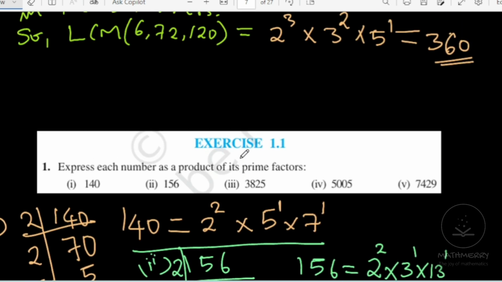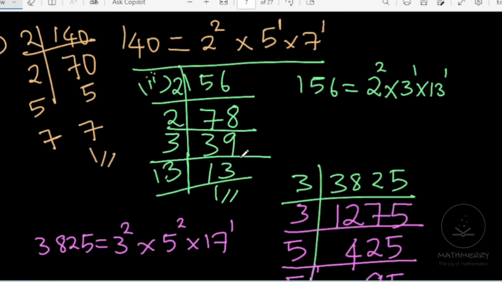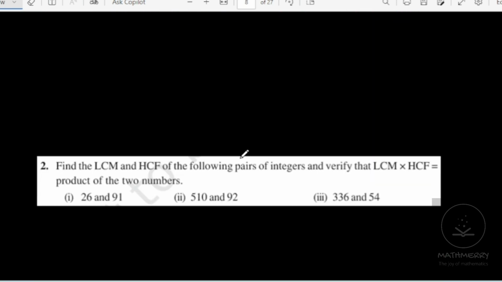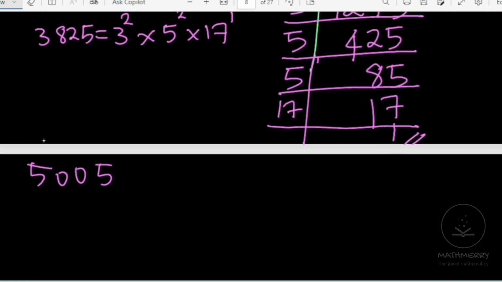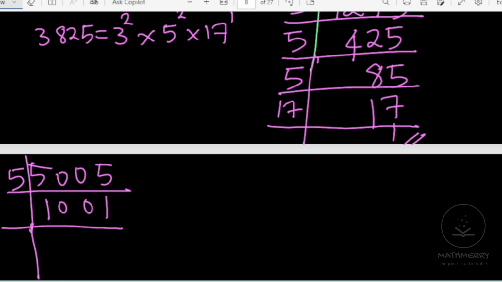So for 5005, let's try with the, okay, 5005, it's not divisible by 2, so let's try with 5 itself. So 5005 divided by 5, we will get 1001. Now is this divisible by any numbers? 1001.